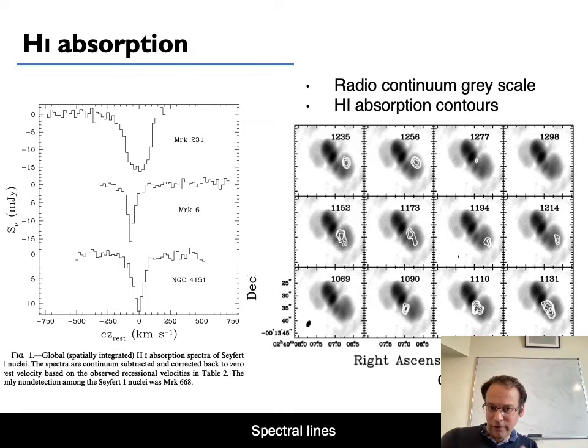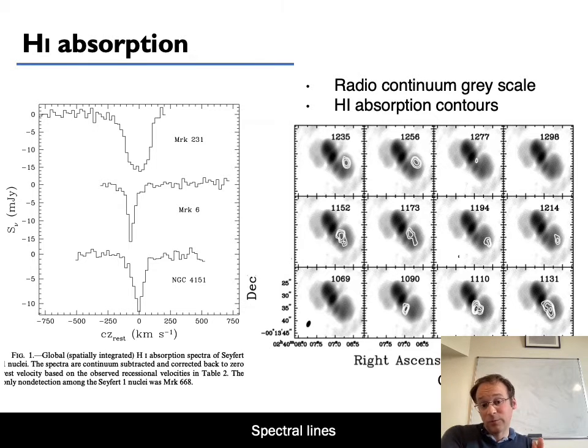And at specific frequencies, the foreground atomic hydrogen, H1, absorbs this background radio continuum, and we get an absorption line, which is what you see here in these spectra. So we're seeing here these H1 absorption lines. And you can see that what the authors have done in this particular work is they've shifted everything with reference to a rest velocity, a rest redshift.